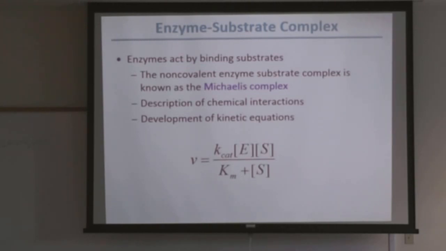So we get k1 divided by k minus 1 plus k2 equals ES divided by the enzyme and substrate concentrations.